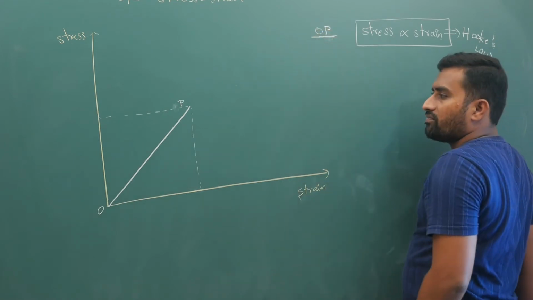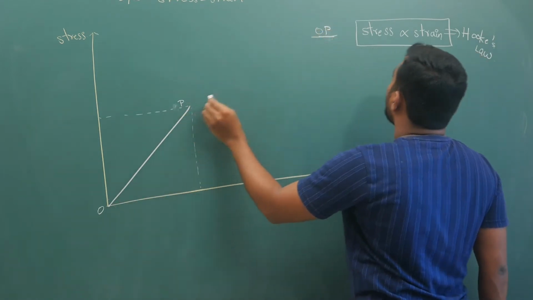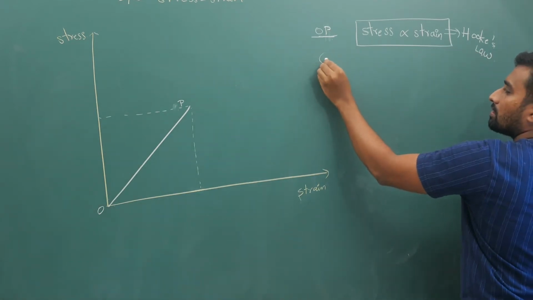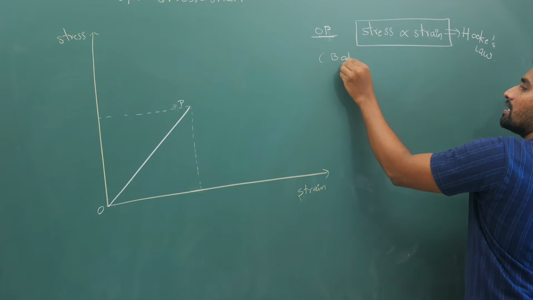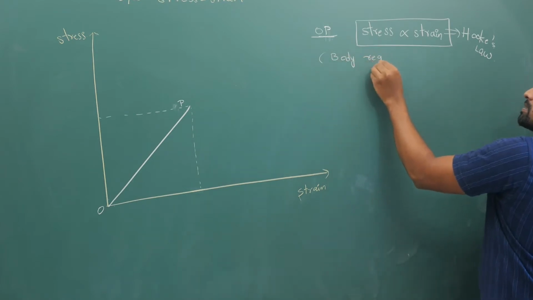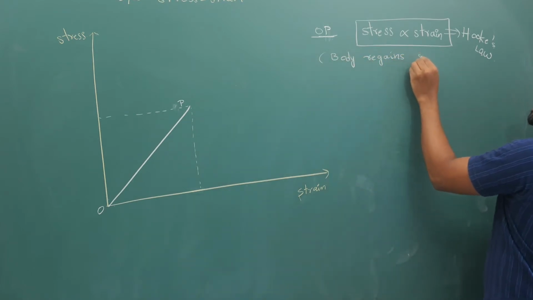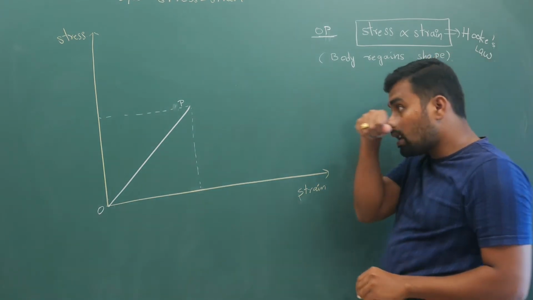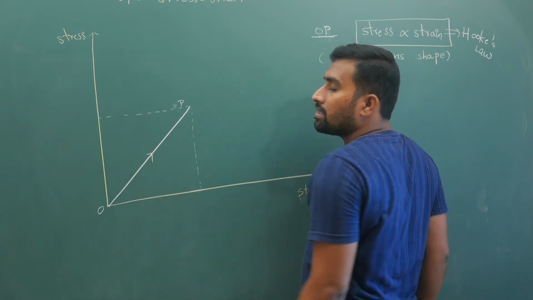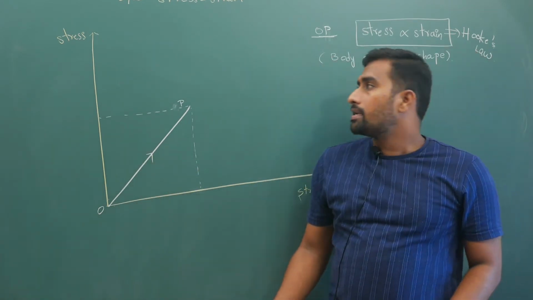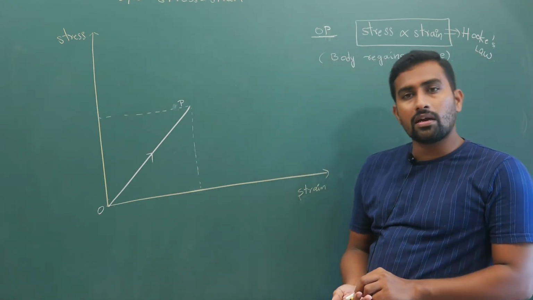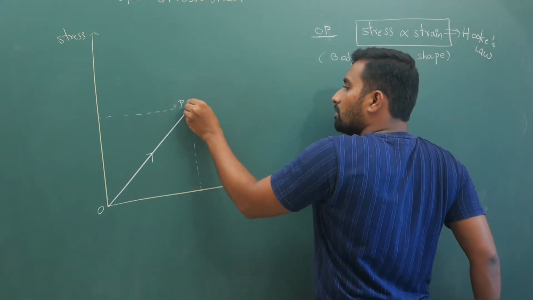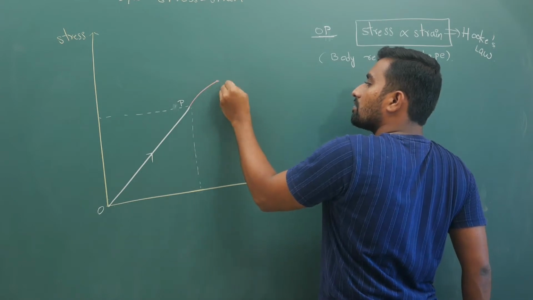From region O to P, stress is directly proportional to strain, and the body regains its shape in this region.